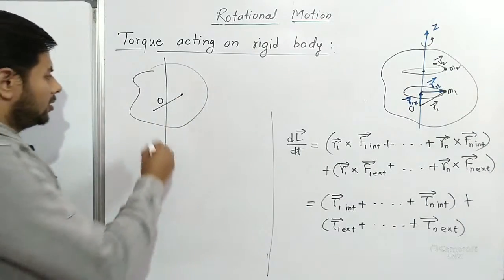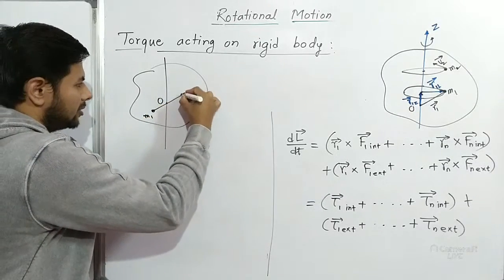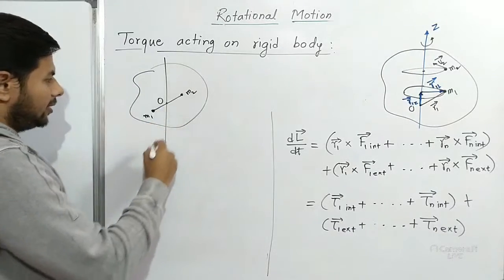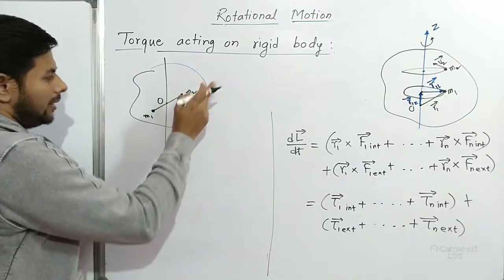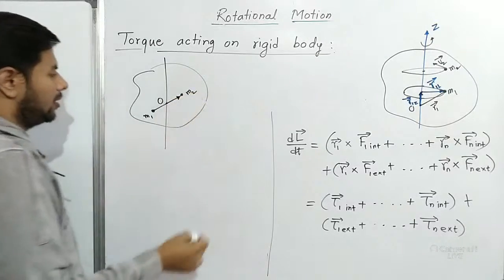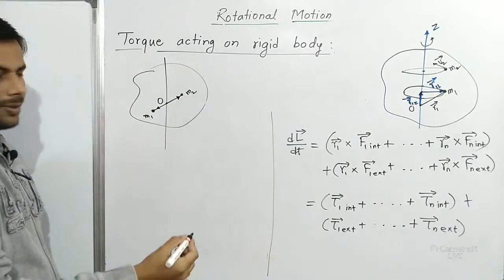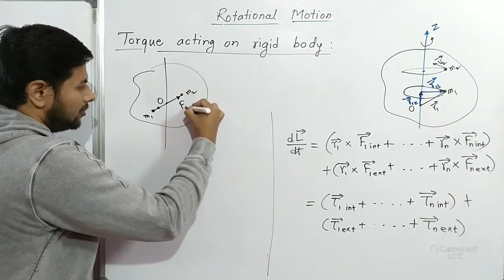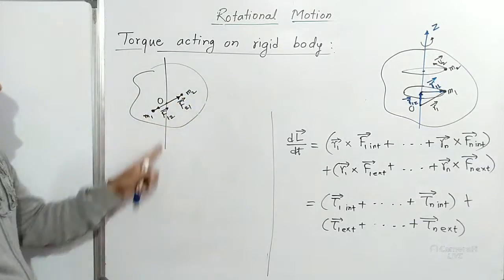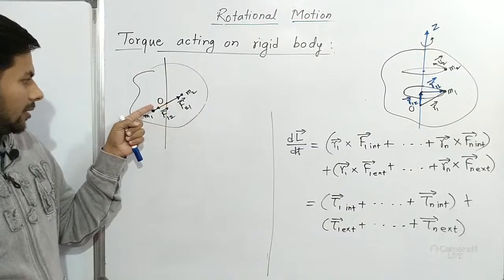So let's suppose this is particle number 1, its mass is m1. This is particle number 2, its mass is m2. Then the force due to m1 on m2 will act along this line like this, and the force due to m2 on m1 will act in this direction. Let's call this F21, and this F12.